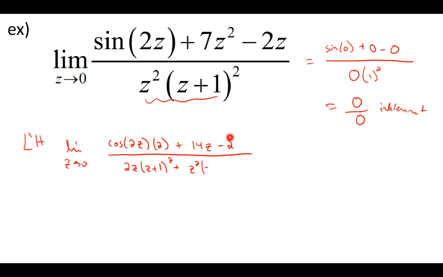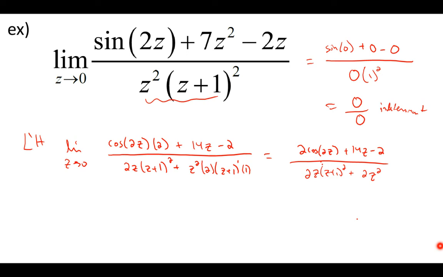Bring the 2 down in front, so times 2, times z plus 1 to the first power, times the derivative of the inside, which is 1. All right, lots going on. Let's try simplifying it here. On the top, we get 2 cosine of 2z plus 14z minus 2 over 2z times z plus 1 squared plus 2z squared times z plus 1.